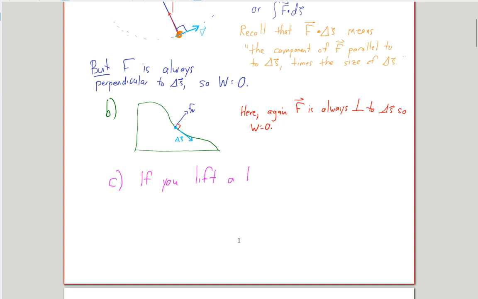If you lift a bag with a string, then the tension is in the same direction as delta S, so the work is positive.